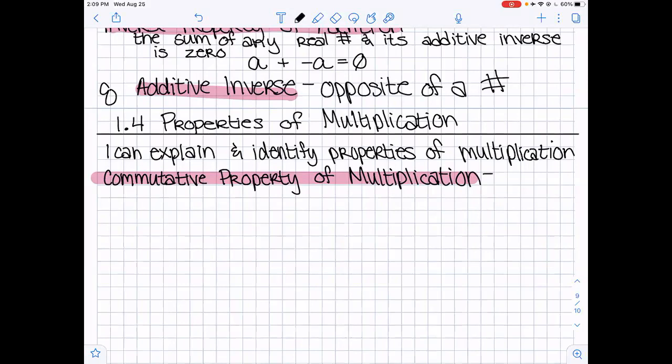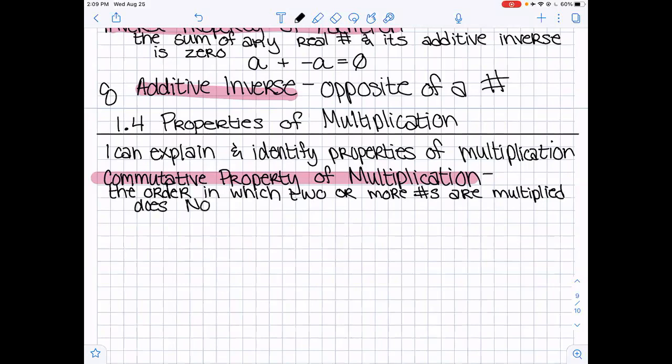So what we're gonna say is the order in which two or more numbers are multiplied does not affect. Now, yesterday we said the sum. What's the word for the answer to a multiplication problem? Does not affect the product.